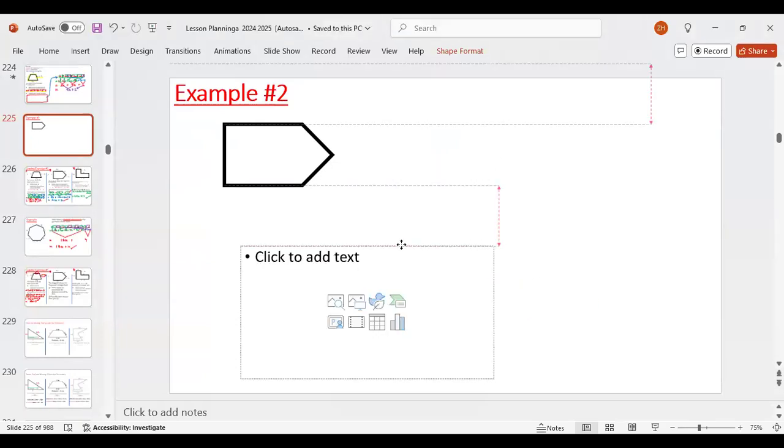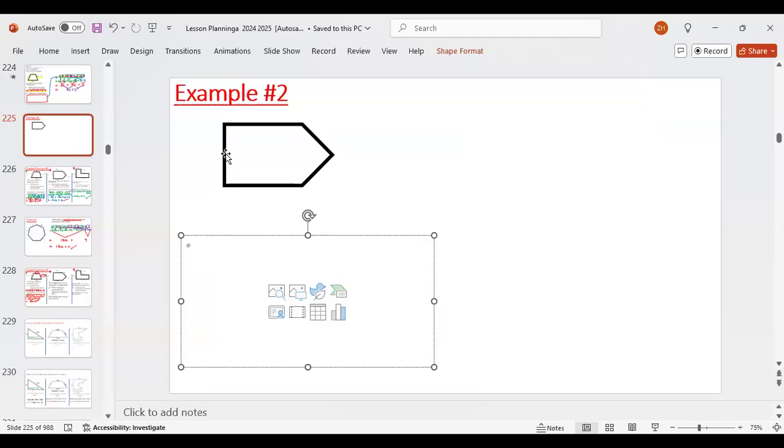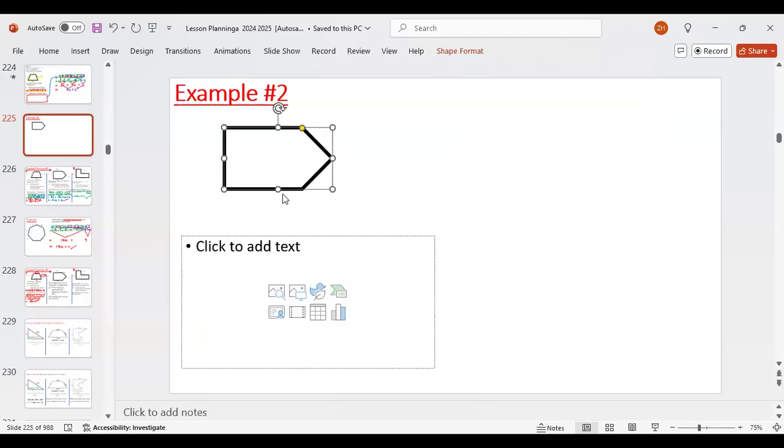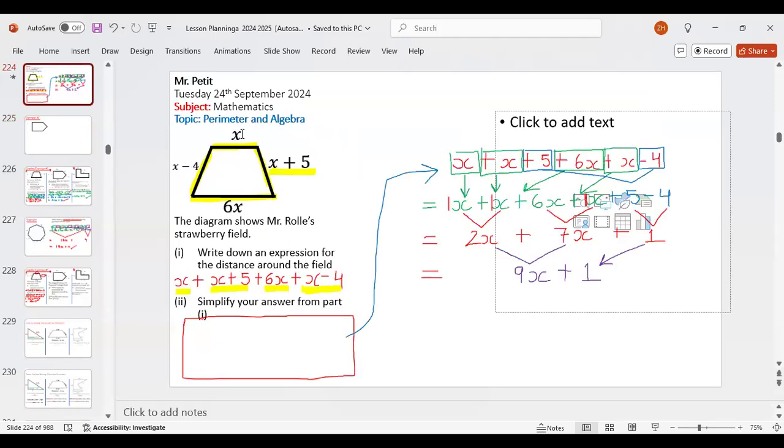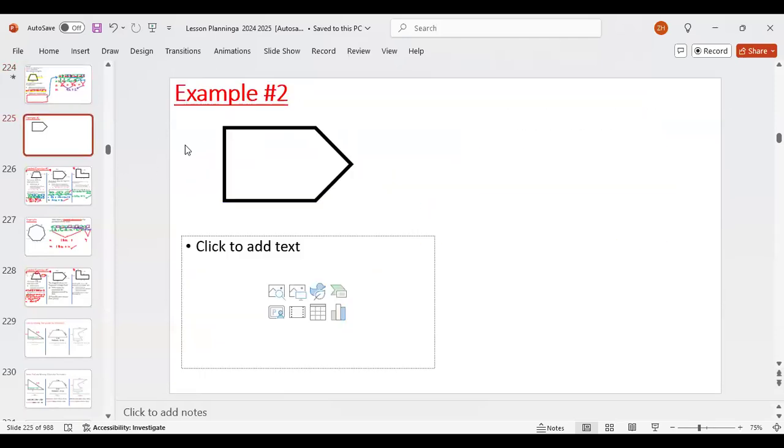Use a ruler and a pencil to make sure I draw this properly. Again, use a ruler and a pencil to draw this properly. For our top number, let's say that we have 8x.